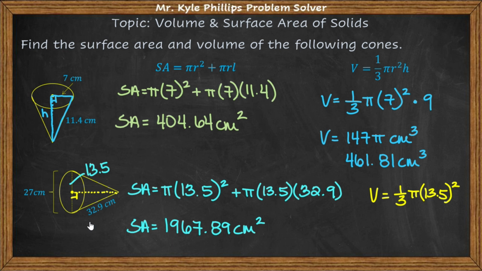So I'm going to need to say the square root of 32.9 minus 13.5 squared. Now, I don't think I said it, but remember that 32.9 in your Pythagorean theorem, that should be squared. So we're looking at the square root of 32.9 squared minus 13.5 squared. That's going to give us 30. So here we're going to say times 30.